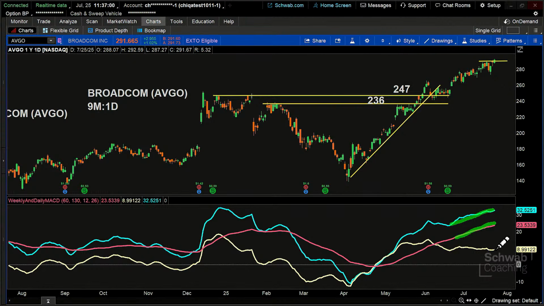It is still making lower highs in this context. So we have the price breakout above a resistance level, and we have one and two confirming factors on this moving average convergence divergence weekly and daily indicator, but we do not have the third one.